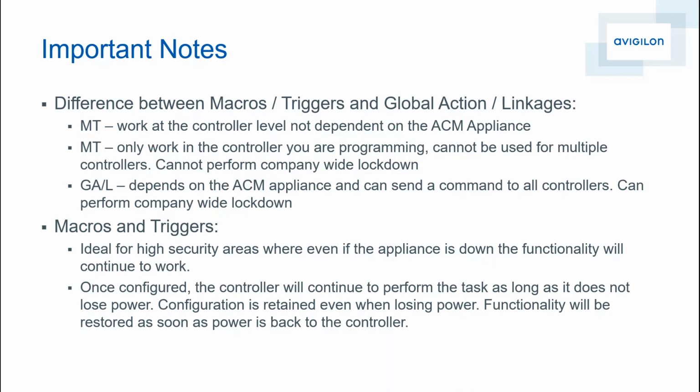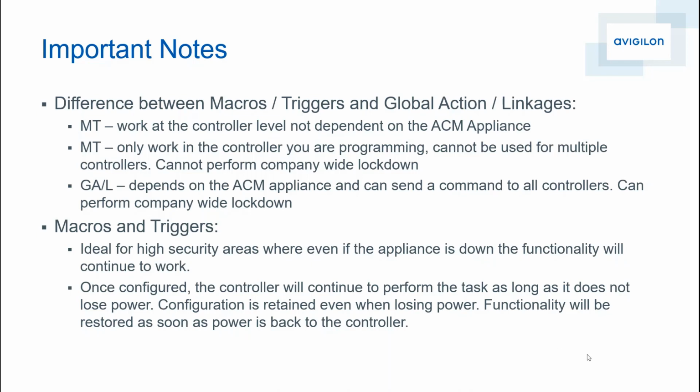Once it's configured, that controller will store that configuration, and even if that controller loses power, when power is restored, that functionality remains on the controller and will execute again as soon as the power is restored.